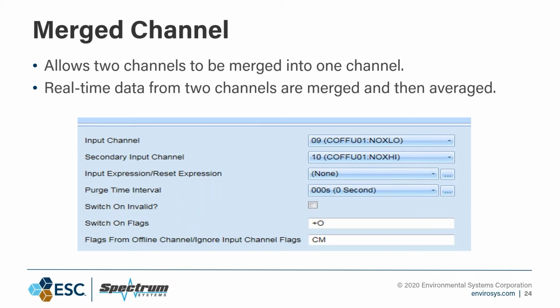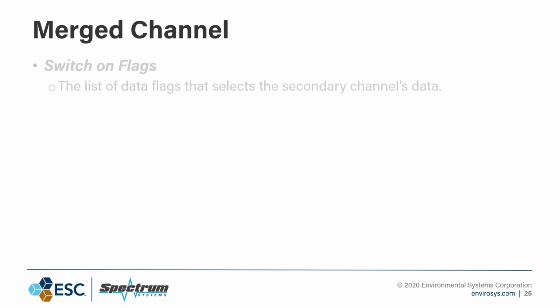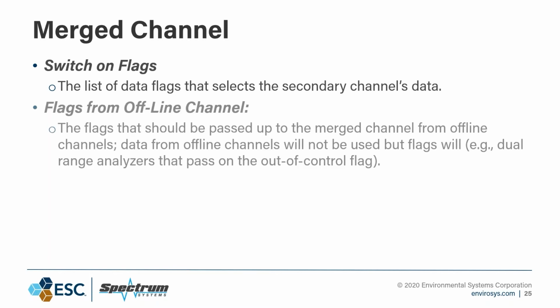Real-time data from the two channels are merged and then averaged. The switch on flags are the list of flags that detect the secondary channel's data. Remember, it was the plus flag in the O, and it will switch from the primary to the secondary once that flag appears. The flags from the offline channel are passed up to the merge.